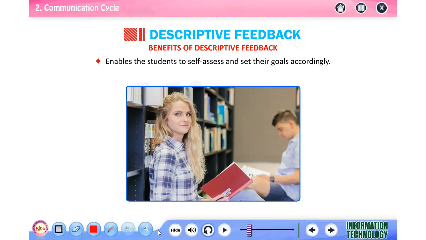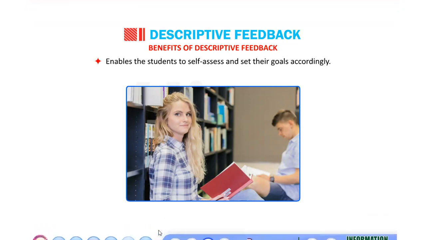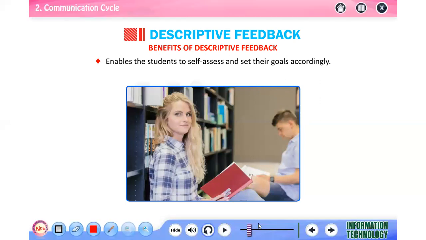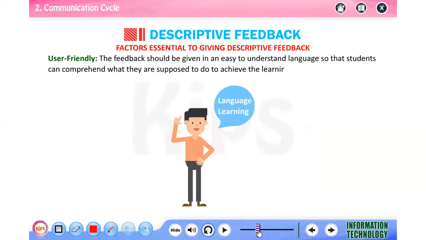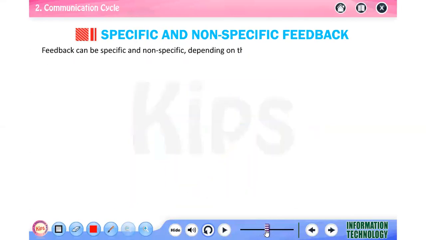Now we'll go to specific and non-specific feedback, depending on the information being conveyed.